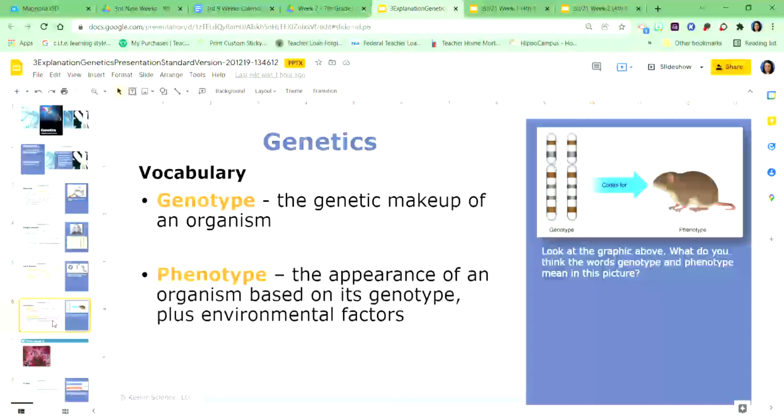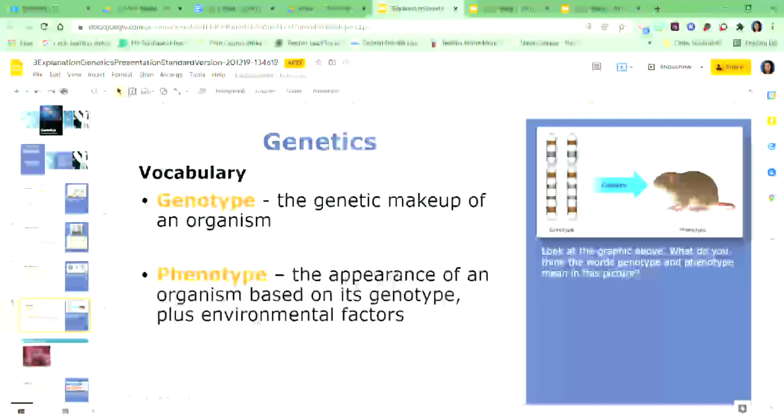So some vocabulary. A genotype is the genetic makeup of an organism. So it is actually the genes. So you can think of genotype, starts with the G, and genetic starts with the G. Now a phenotype is the appearance of an organism based on its genotype plus environmental factors.